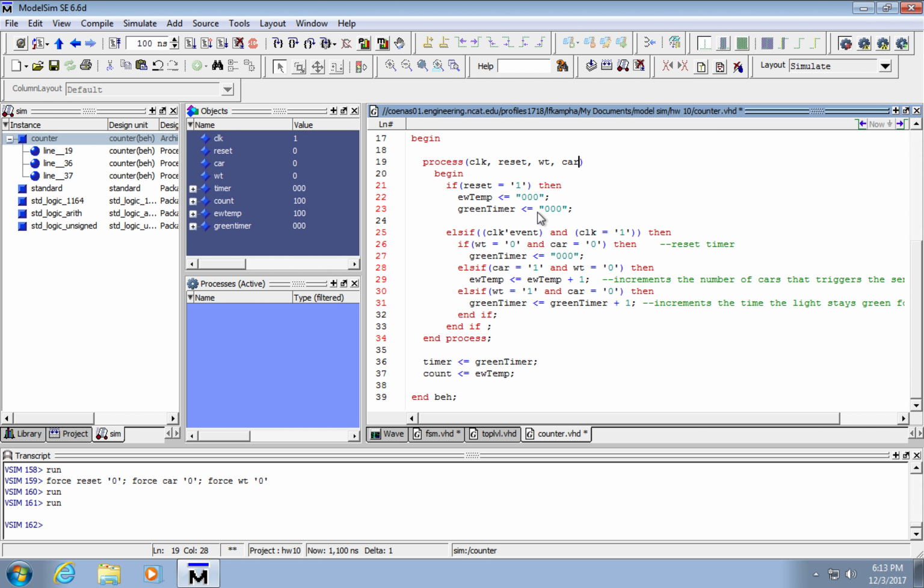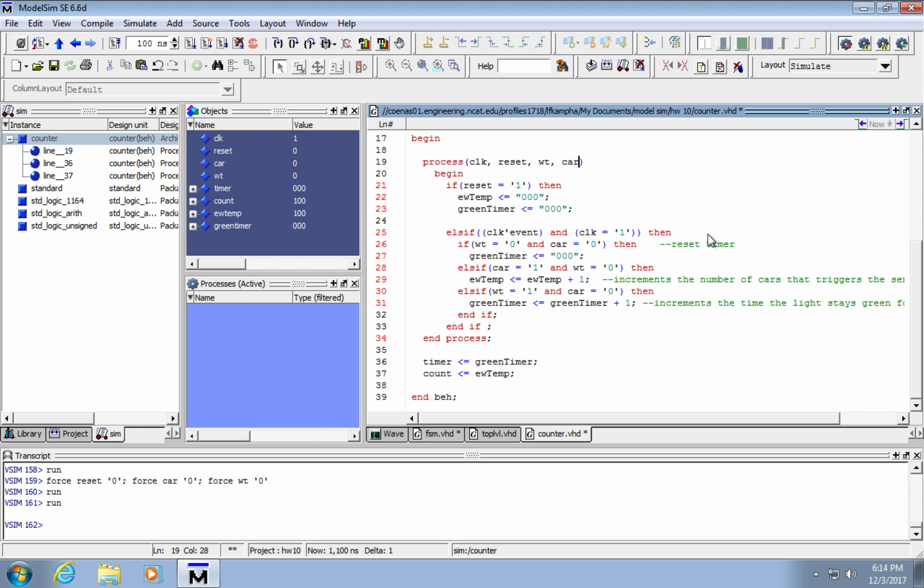When reset is 0, in our else if condition here, it's going to follow the rising edge of the clock. Once it follows that, this is when our conditions for WT and car will come into play. In this if statement, WT is equal to 0 and car is equal to 0.